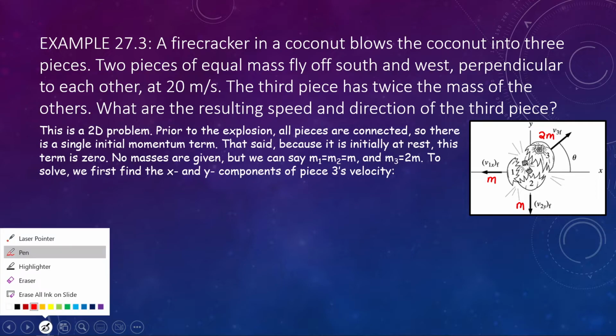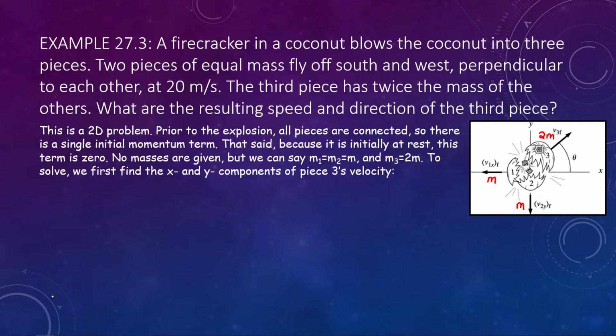So let's go ahead and start the process of solving this problem. P final equals P initial. So let's first start with the x direction, because we're going to have to do both x and y, again, because it is a two-dimensional problem. So let's set up our conservation of momentum equation in the x direction. There are 3 objects, so 3 terms in our equation.